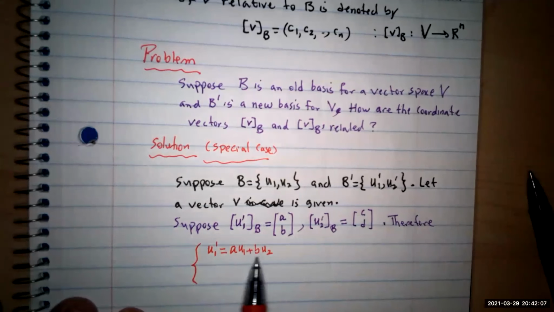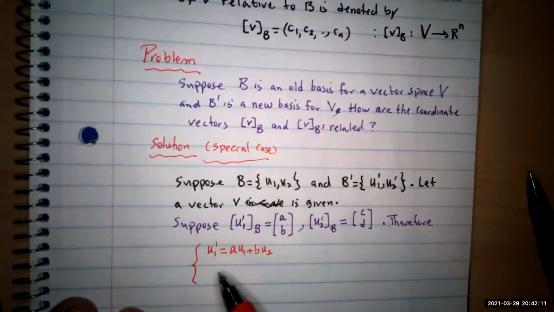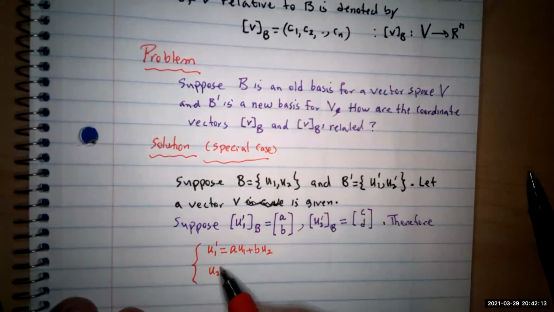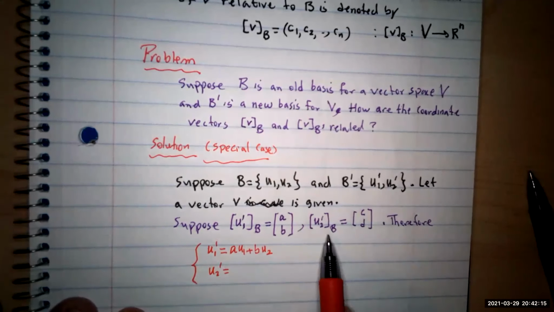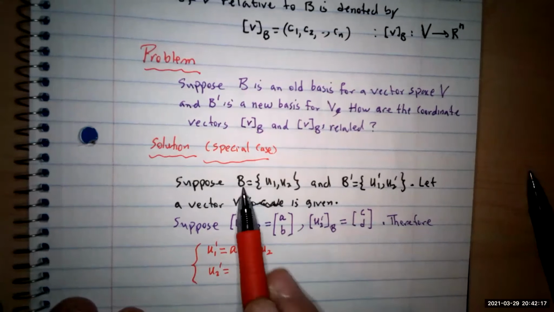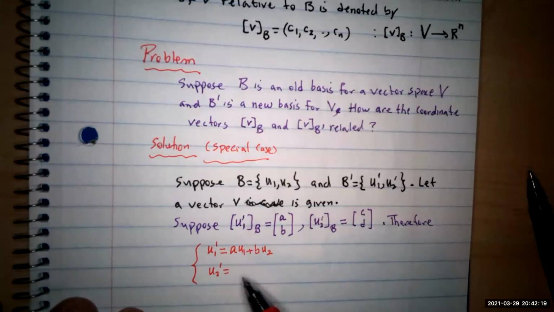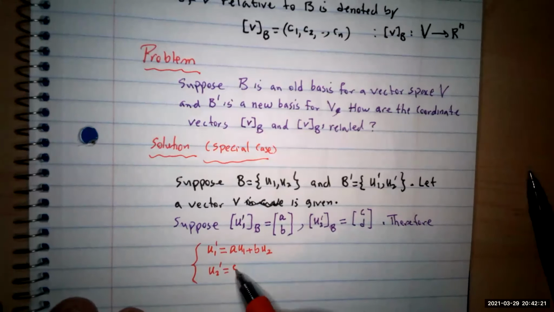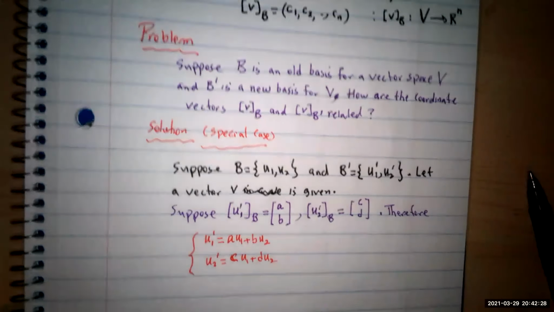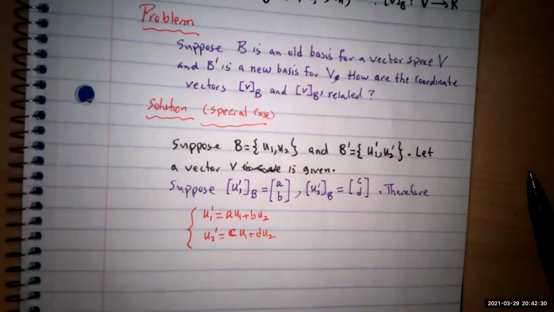U1 prime is a linear combination of U1 and U2, and these are the coefficients. And it's the same for U2 prime: again a linear combination of the vectors in B, with scalar coefficients, c U1 plus d U2. Okay, so this is it.